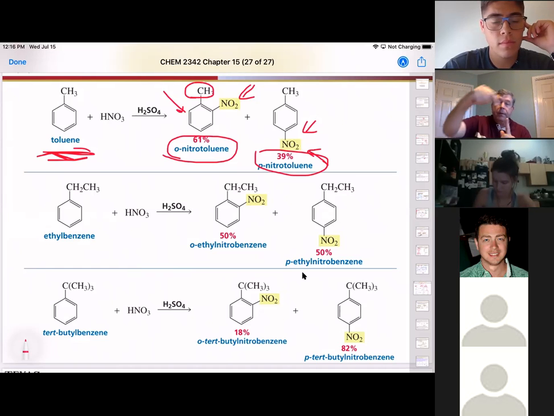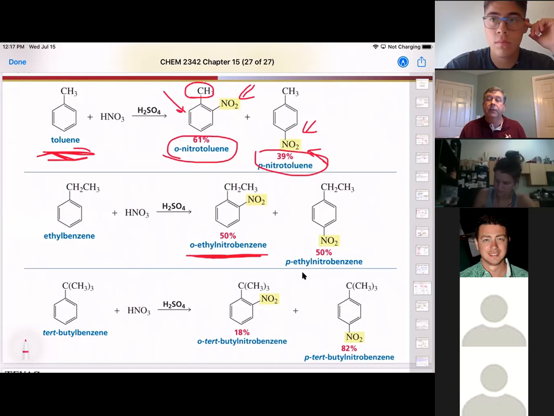So just that little methyl group spinning around the top is now blocking 11% of the attacks at that ortho position, okay? And our product ratio changes. So we drop our number of attacks at our ortho positions down from that 66% down to 50%. And then, of course, the remaining attacks happen at the 50% para position, okay?